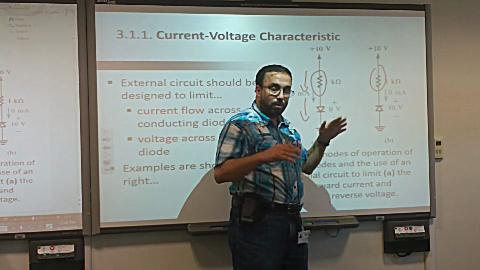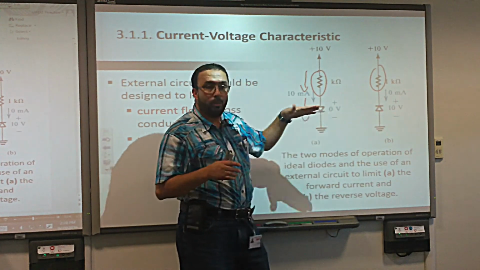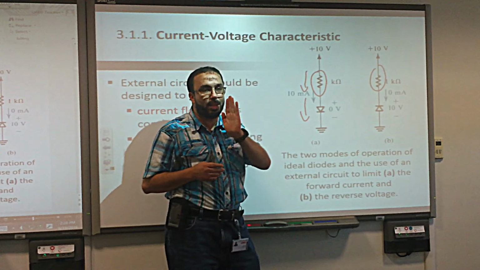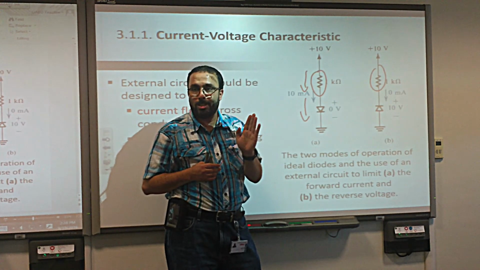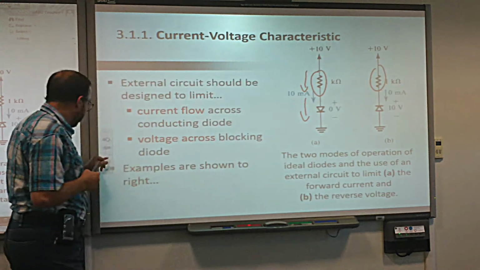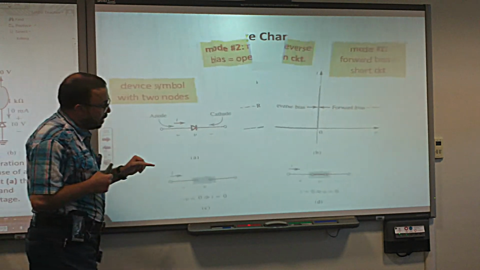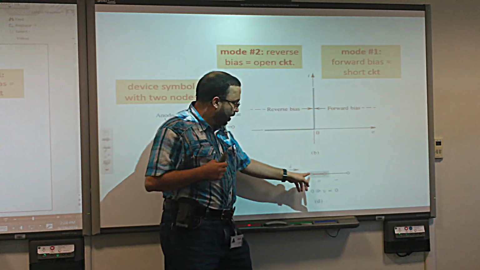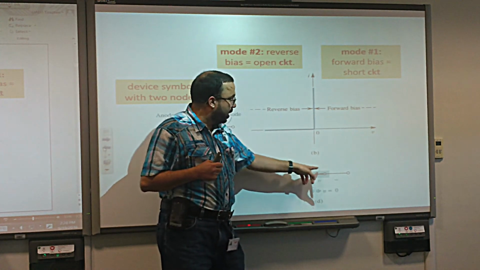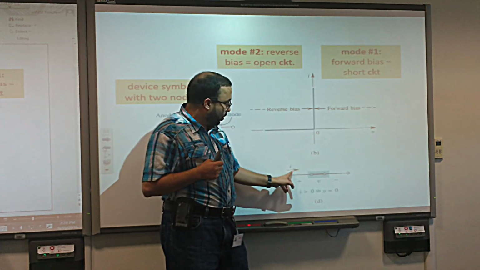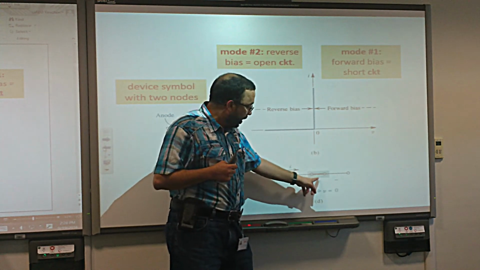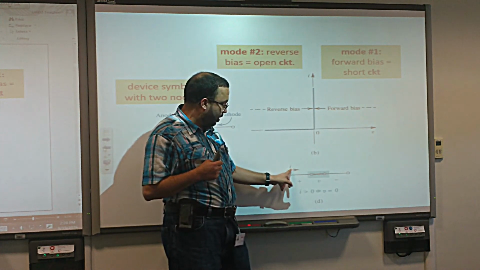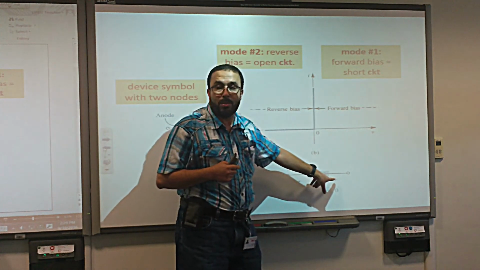Exactly. We'll talk about the resistance of the diode, but when it is a short circuit, there is no resistance, it is equal to 0. Do you understand? That's why in this model, and that's a good question, in the short circuit case, in the forward, because the resistance of the short circuit is always equal to 0, that resistance times the current will give me the voltage drop, yes or no?